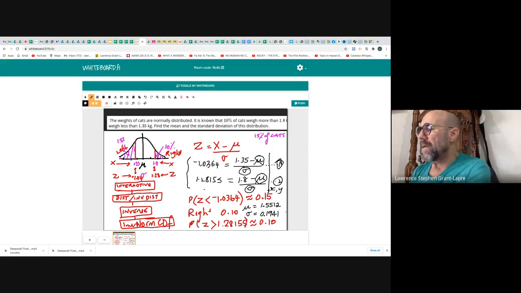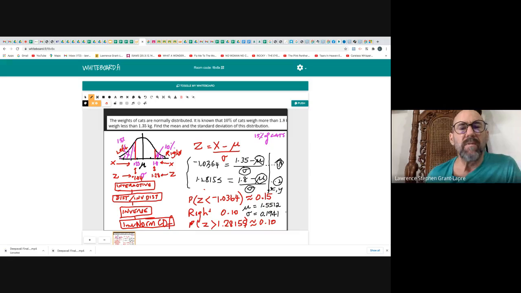Okay, and that is how you solve this question, which gives you two situations, one to the left, 15%, and one to the right, 10%. Using the 15% to the left, you get the Z value of negative 1.0364. Using the 10% to the right, you get the Z value of 1.28155. From there, you use the formula Z equals X minus mean over standard deviation. You get your two equations, solve them simultaneously, and find your two values, the mean and the standard deviation. I hope this has helped.